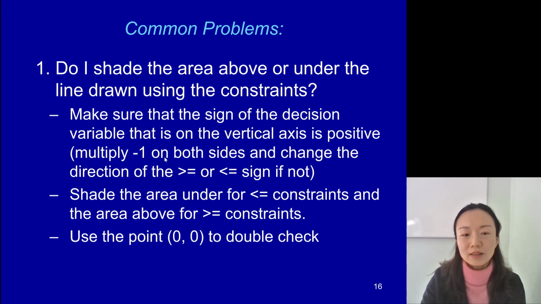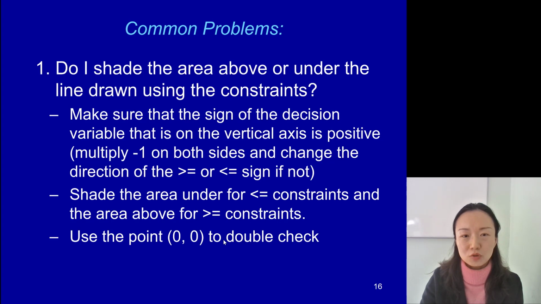I multiply by -1 on both sides if my decision variable has a negative coefficient, and that would change the direction of the greater than or equal to, less than or equal to sign, to make sure that the decision variable on the vertical axis is positive. Then you would shade the area under for less than or equal to constraints, and shade the area above for greater than or equal to constraints. When you are in doubt, use the point (0,0) to double check.